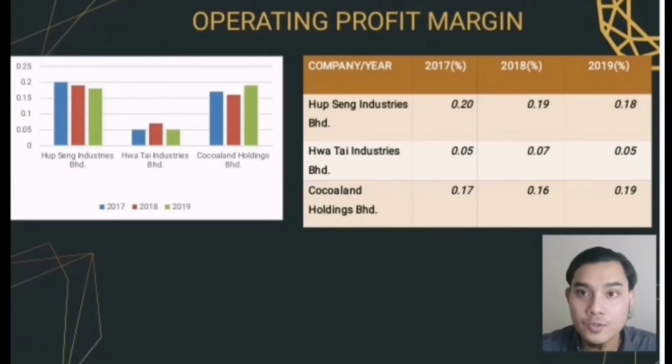The second ratio I want to explain is operating profit margin. These three companies show increases and decreases, where Uthm Industri Berhad shows a consecutive decrease from 2017 to 2019.